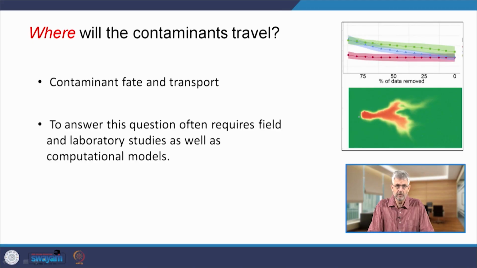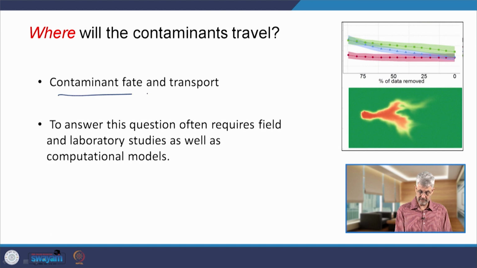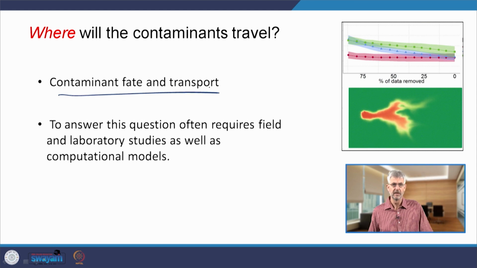Then the last question is, where will the contaminant travel in the future? And that brings us to contaminant fate and transport, meaning methods, theories, and tests that can be conducted to determine where a contaminant may migrate, how quickly it migrates, or if there are differences in the migration patterns of different contaminants if we have multiple mixtures.